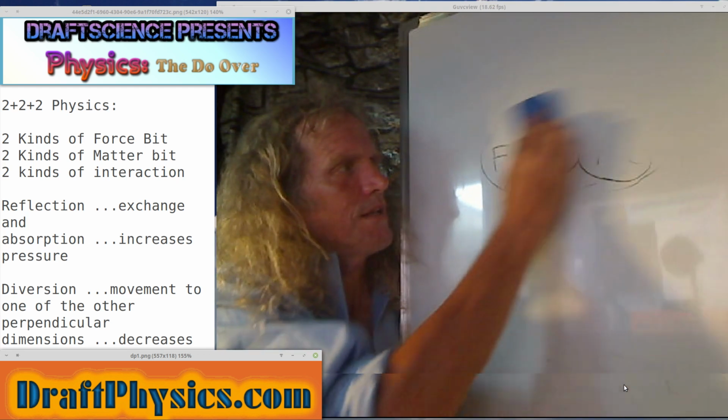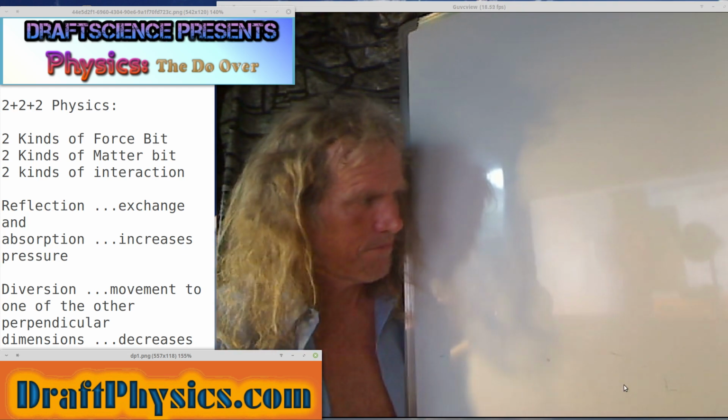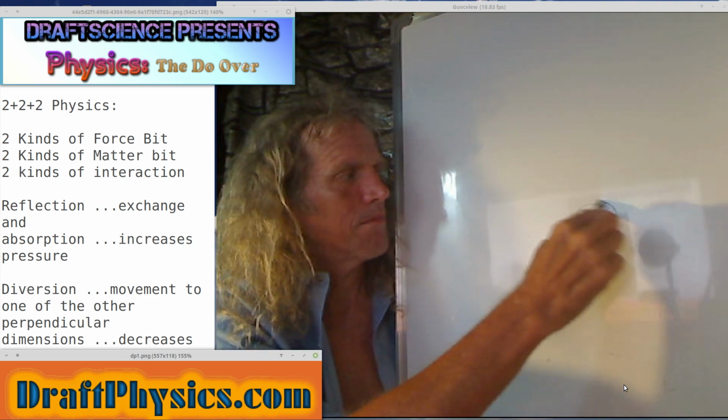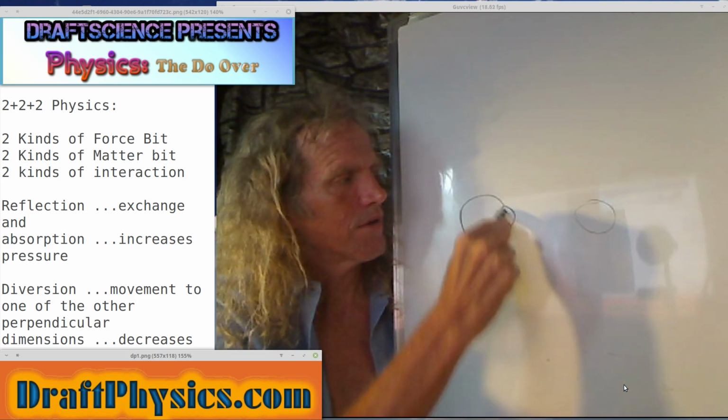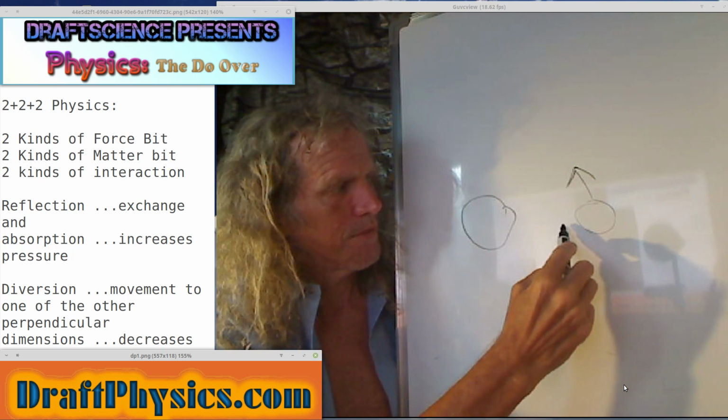Alright, so the issues with Mach gravity were first that you would have this fundamental problem: how can gravity work if this object is moving and gravity moves at the speed of light?